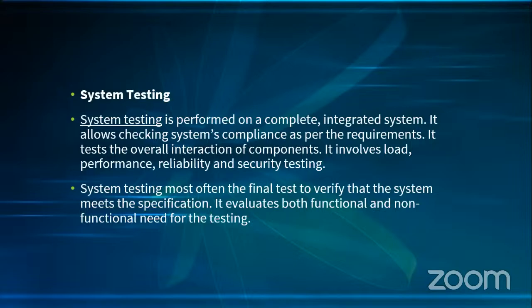System testing is performed on a complete integrated system. It allows checking the system's compliance with the requirements. So now we have our requirement, and we now have the system. We are checking in between to make sure that everything is as expected.